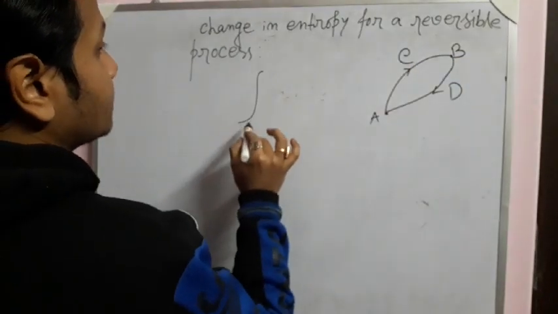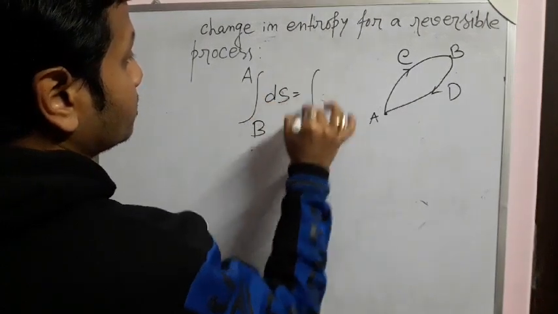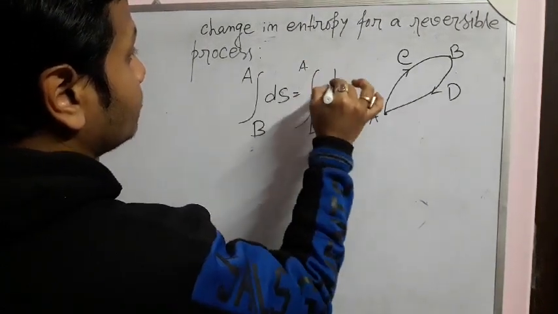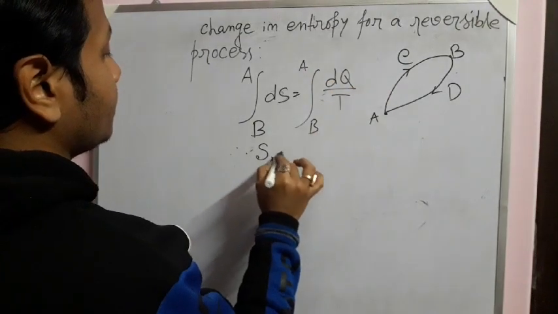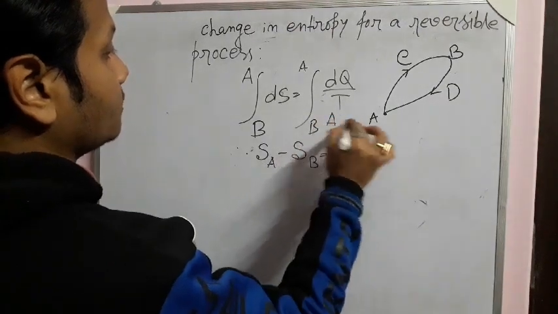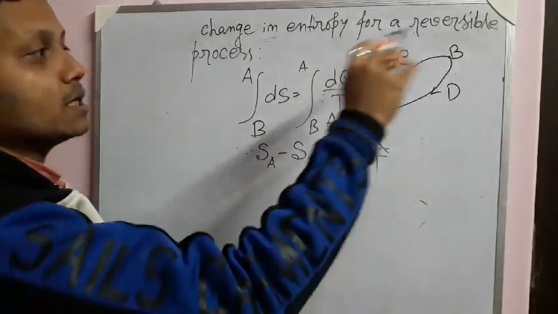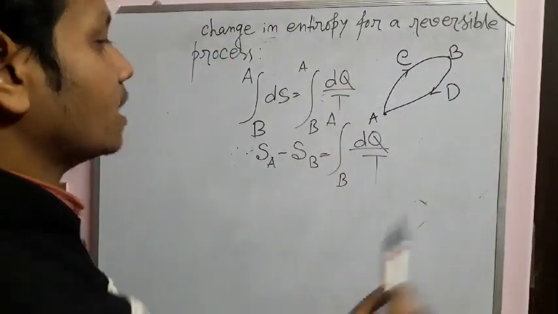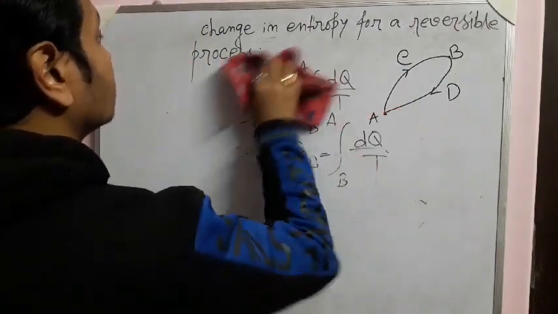So in this case B to A will be the limit. This gives the integral from B to A of dQ upon T. Clearly the result is S_A minus S_B. Now you can find the total change in entropy in the full cycle by adding these two. The result will be 0.